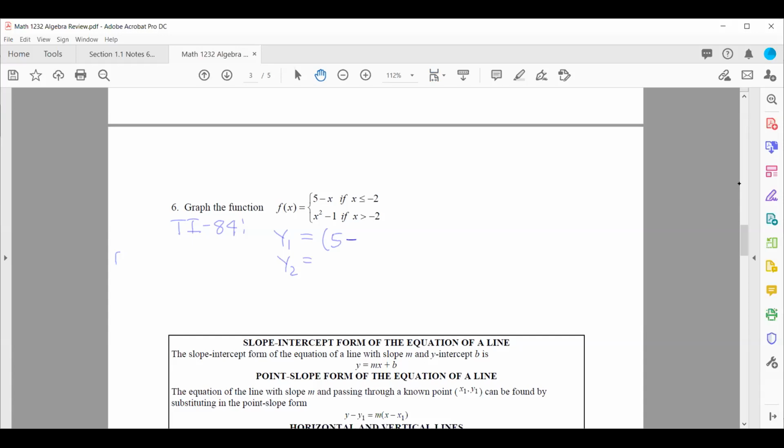But this is how I'm going to enter it. It looks almost exactly the same as it does on paper. In place of the if, you're using the division symbol. When you use that, it brings up that flash.